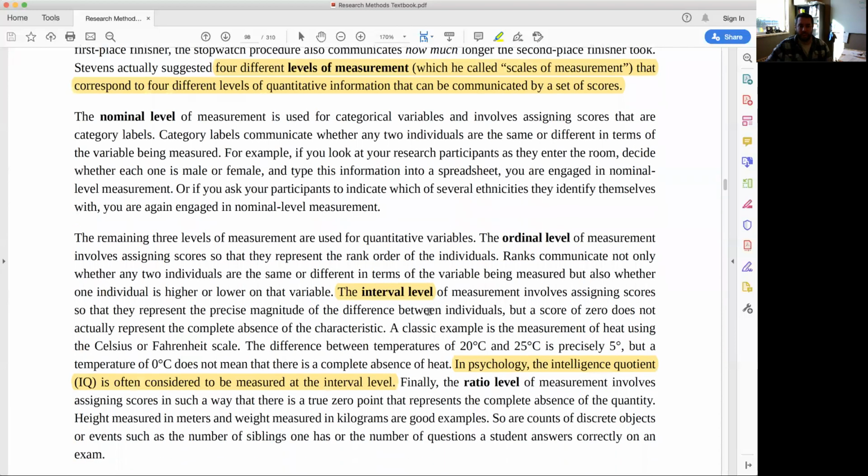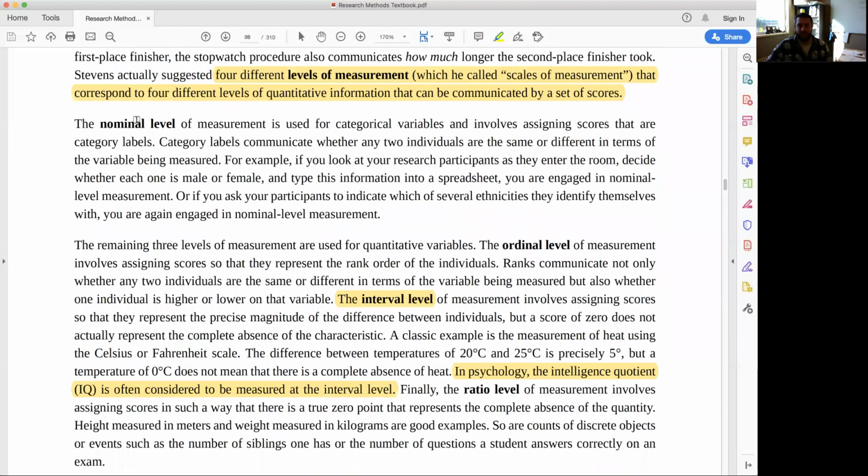But essentially, nominal is the most basic level. It would be something like if you're asked what your major in college is, you would be able to categorize people based upon it, but it's just words. Psychology, history, criminal justice, and that's how you're organizing them. The way they're organized doesn't really matter in the big sense.